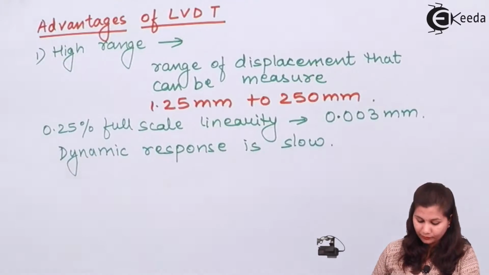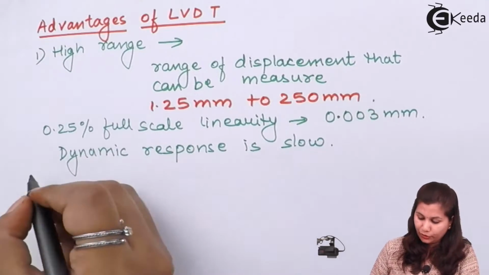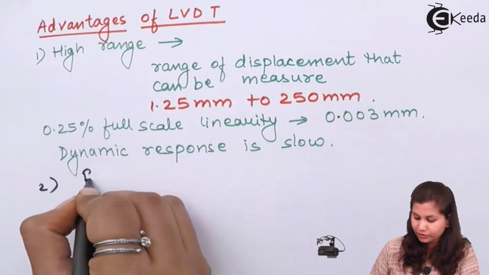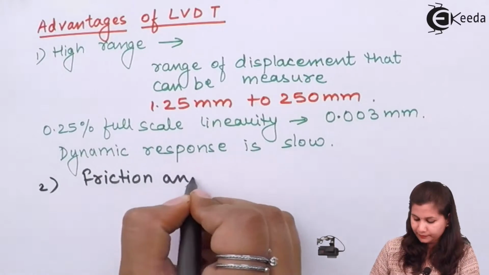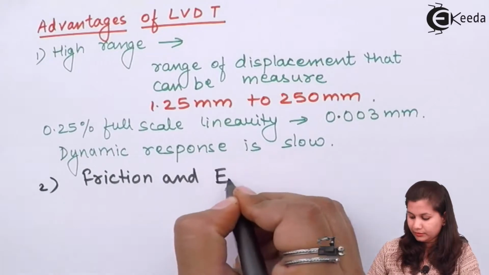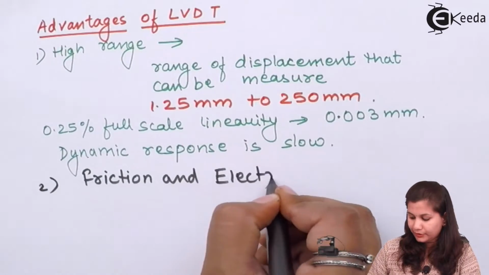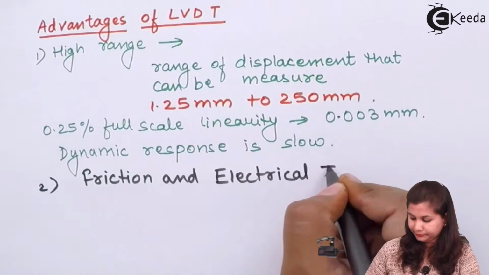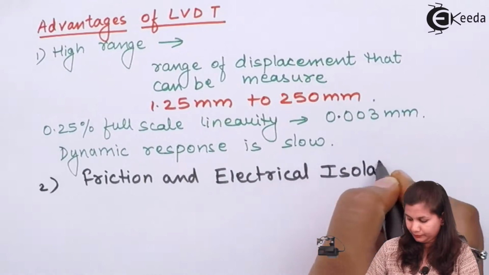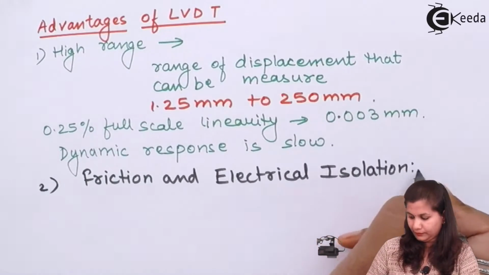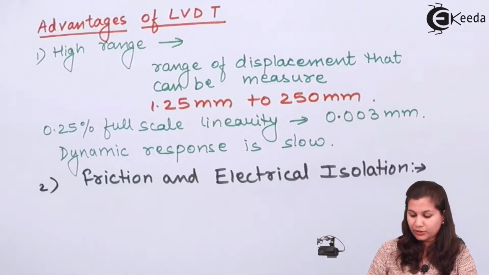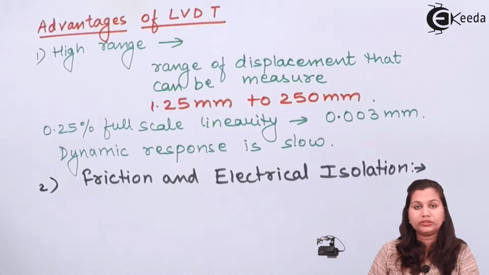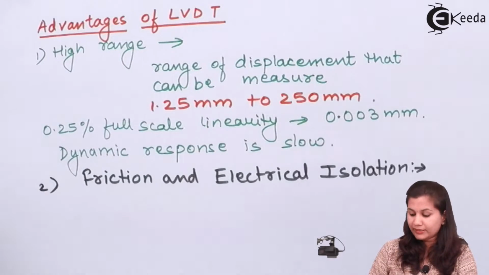Okay, now the second advantage of LVDT is the friction and electrical isolation. As the LVDT is a type of transformer, it has both the primary and the secondary windings, and a soft iron core is also present.